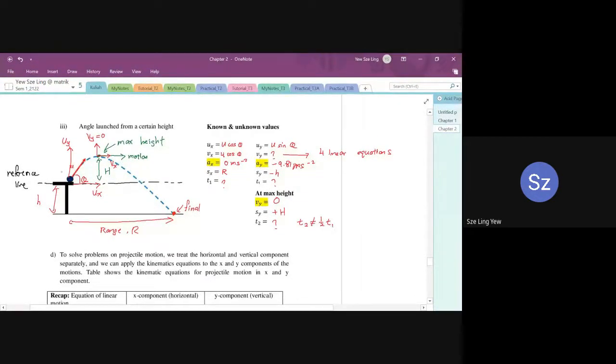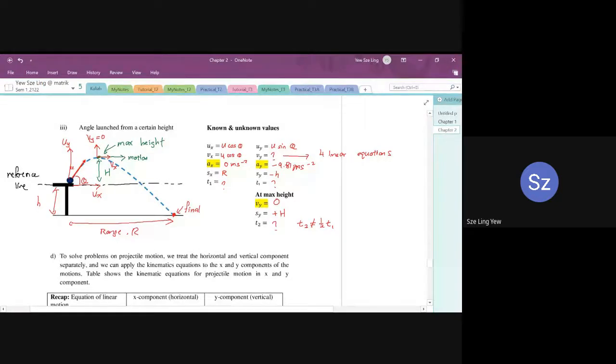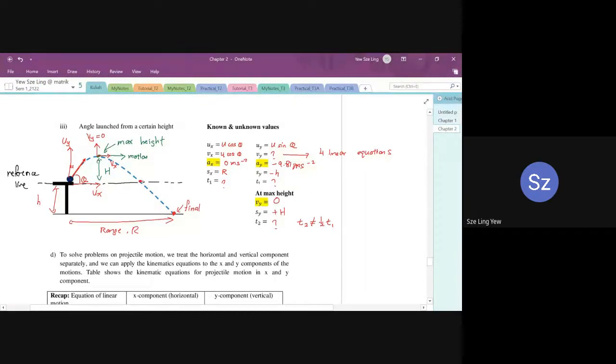Why? Because now this is not a symmetrical projectile motion. If the final position is on the reference line, then yes, you can say t2 is half t1. But now because it's further down, t1 is the time taken to reach the ground, and the diagram is no longer symmetrical.